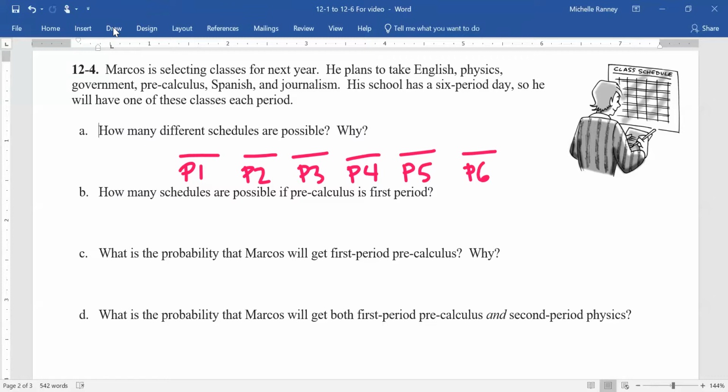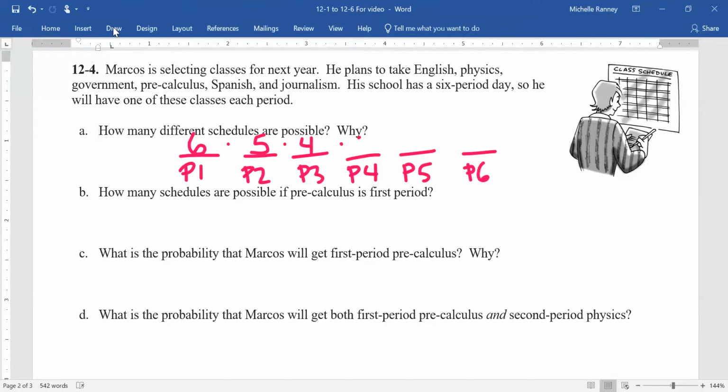So for this, he is going to be taking 6 different classes. So for period 1, he has 6 different classes he could have period 1. Now, once that period 1 class is chosen, he only has 5 different classes left to pick from. So period 2, he'll have 5 choices. And then period 3, he'll only have 4.